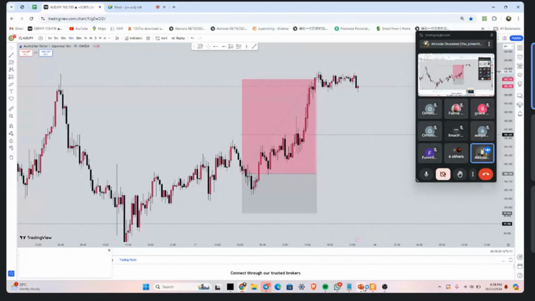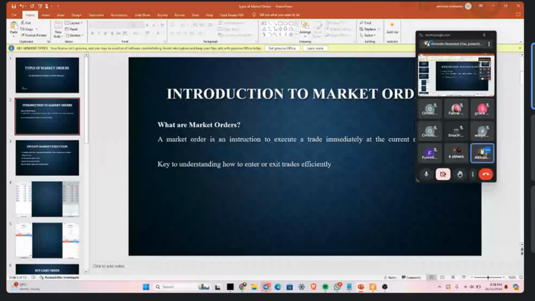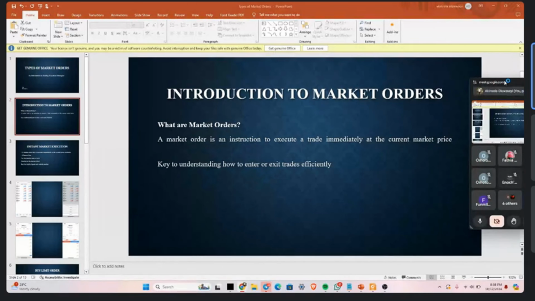So now, straight to business, the order of the day: introduction. What do we mean by a market order? It is an order or instruction you give to the market to execute a trade for you at the current market price, or at a particular market price, or immediately.